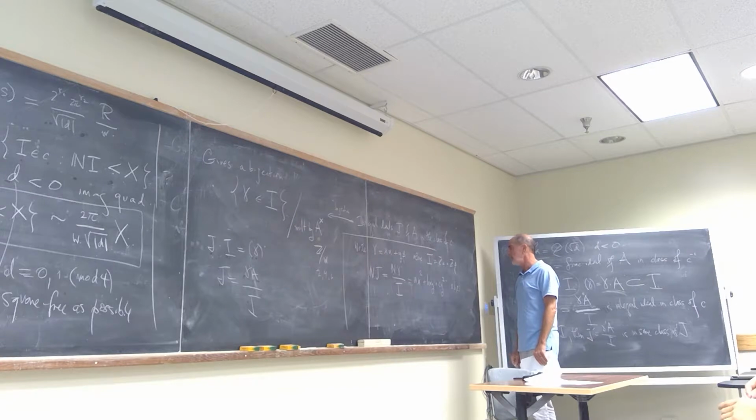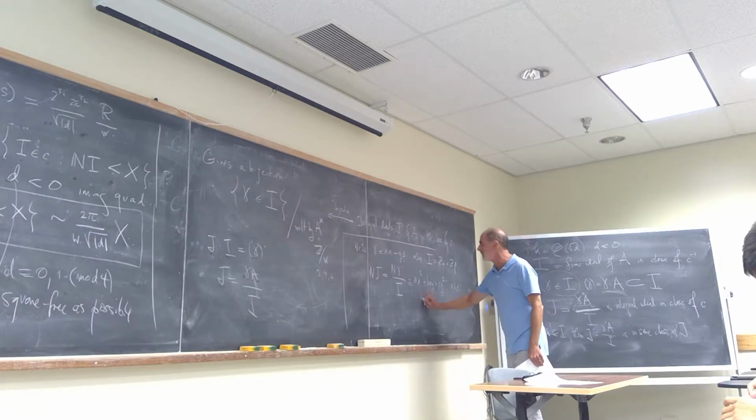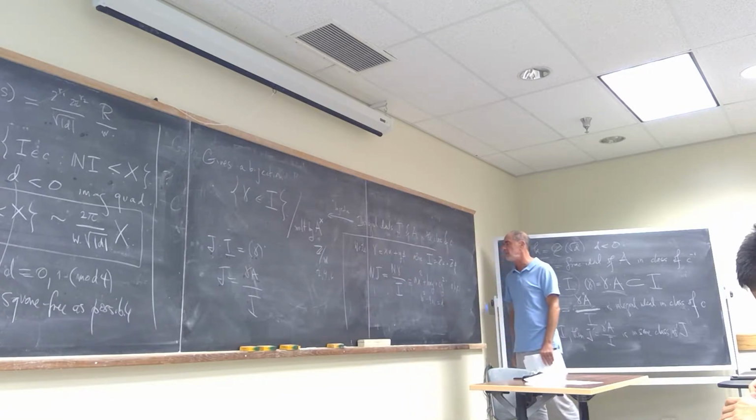And moreover, one finds that B squared minus 4AC is D. So that's a computation one has to do.